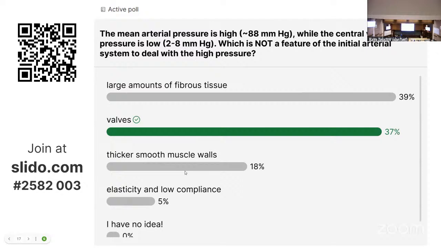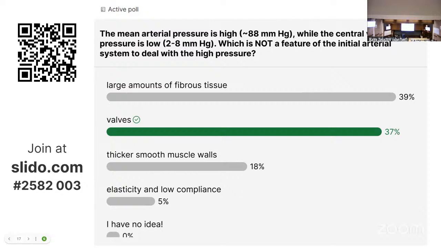We do have more muscle in an artery than we would in a vein, although we're going to focus most on our muscle when we get to arterioles, largely because that's how we're going to regulate resistance. And it's our valves that we don't have in our arteries. When we see valves, we're going to see them in veins, particularly in peripheral veins, for resisting the gravity pulling blood back to your feet.